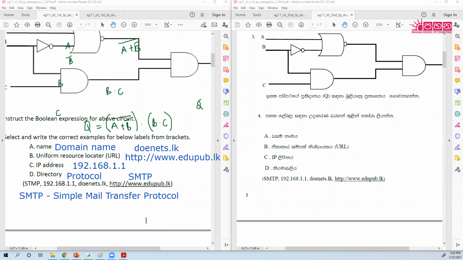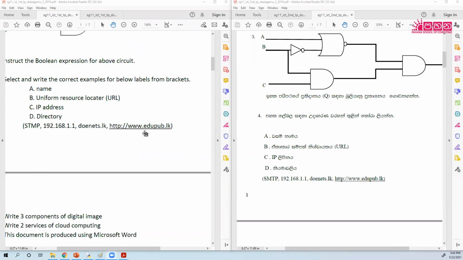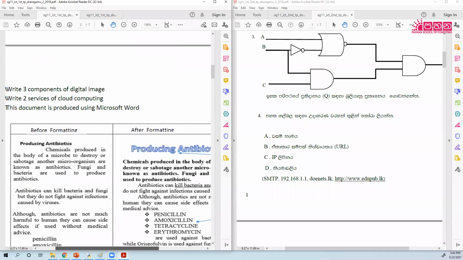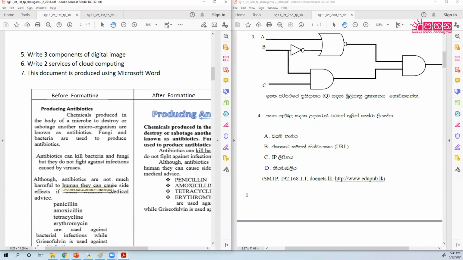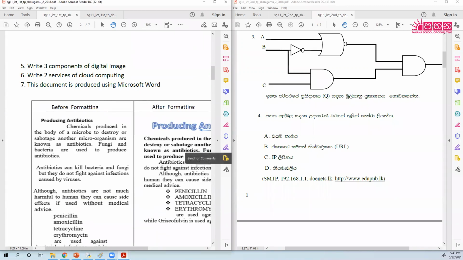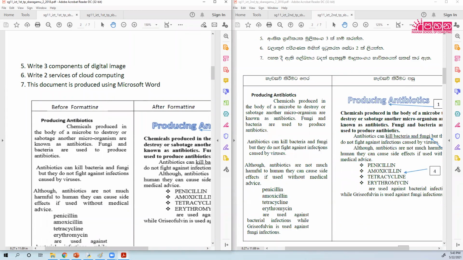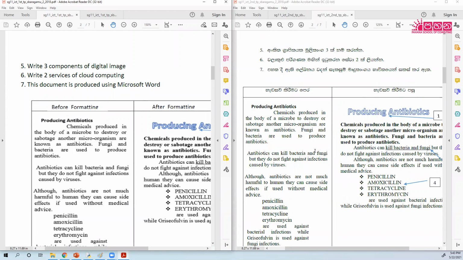Okay. So we have discussed the answers for questions 1, 2, 3, 4. Let's move to the other ones. We have not done the fifth one, so we'll skip the fifth one.